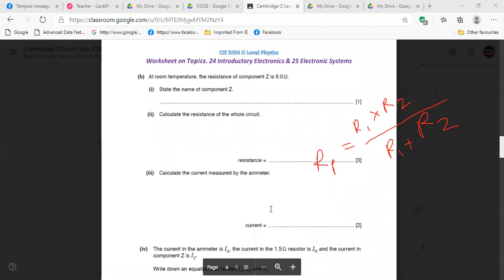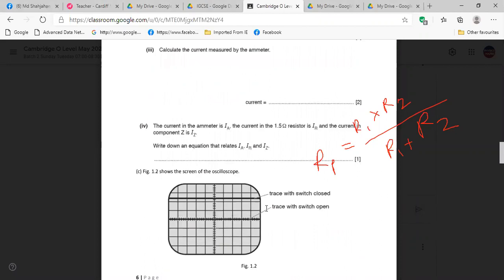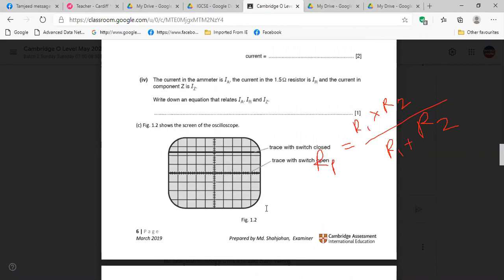Then next, this one. Can you read 4? The current in the ammeter is IA. The current in the 1.5 ohm resistor is IR, and the current in component Z is IZ. Write an equation that relates these three currents.